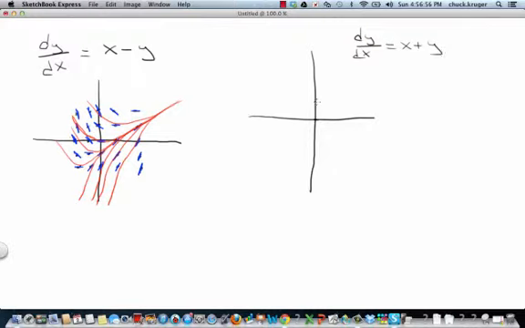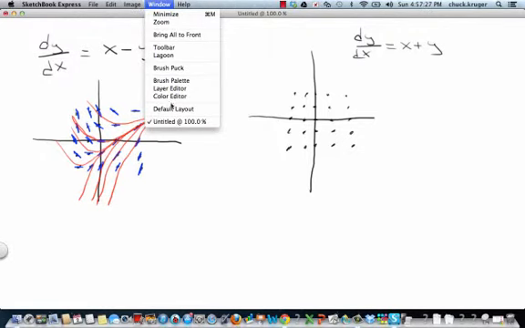So here I've got these points. Plug those in. Okay, and we'll actually go to a simulator and see how accurate I am with my graphs.